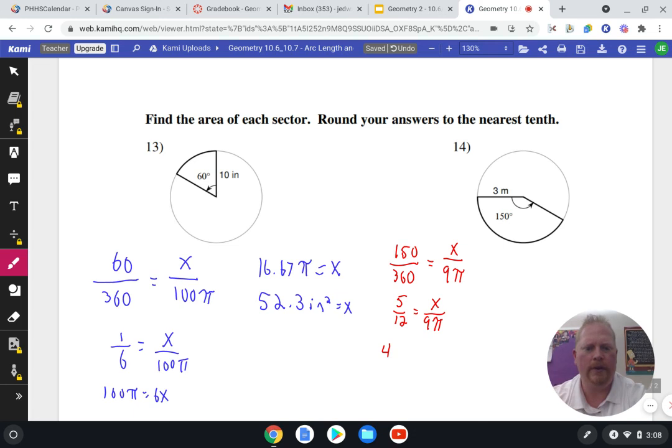Cross multiply, I get 45 pi equals 12x. Divide by 12. And I get 3.75 pi. So 3.75 pi times 3.14, I get 11.775. So that should round to 11.8 meters squared. And that's the area of that sector.